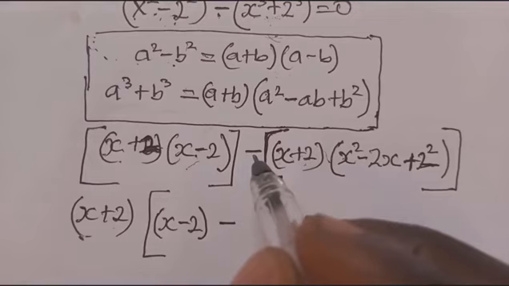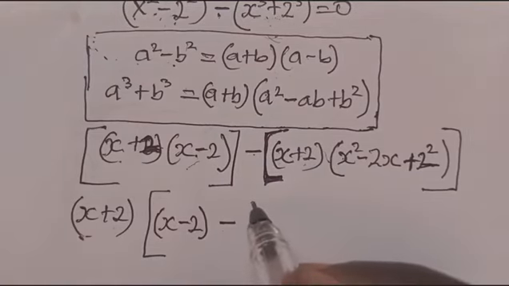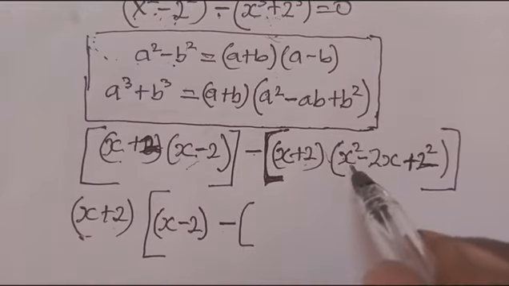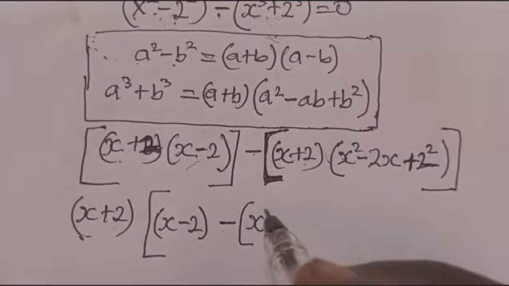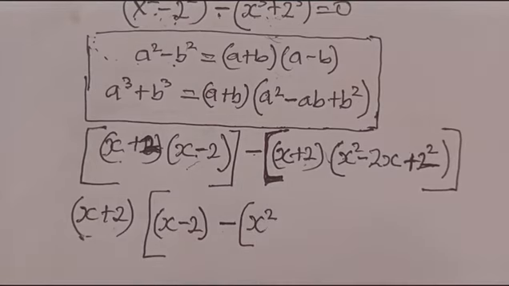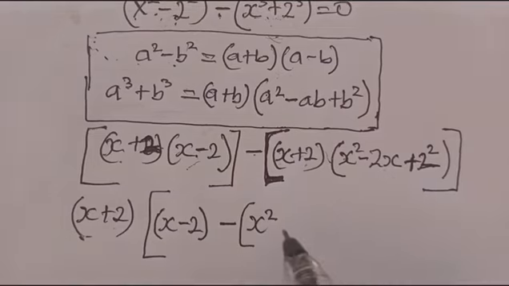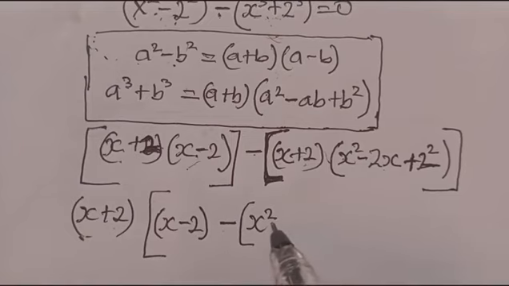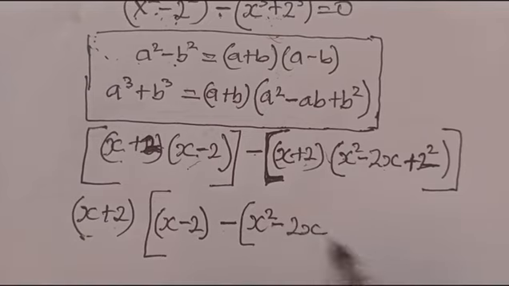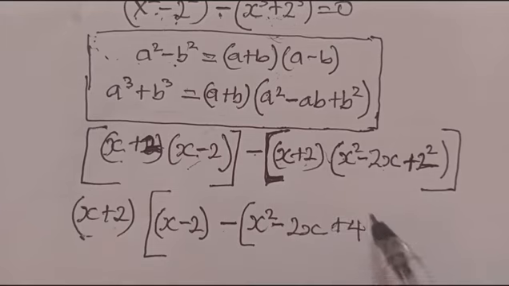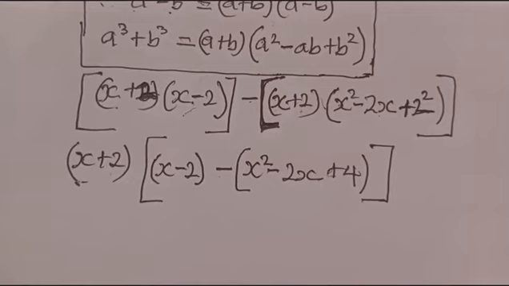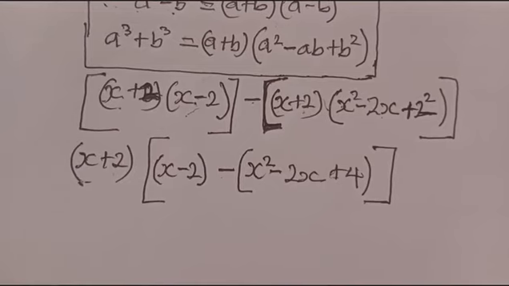Then recall we have minus into x square plus x square minus 2x plus 4. So what do we do next here?